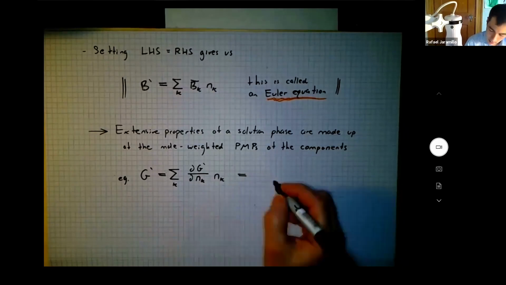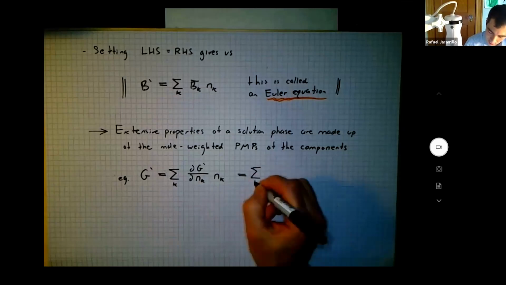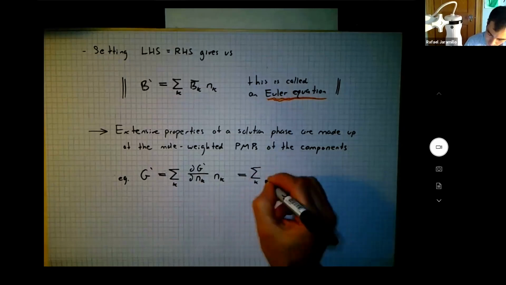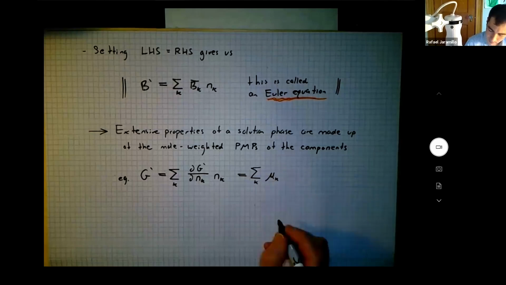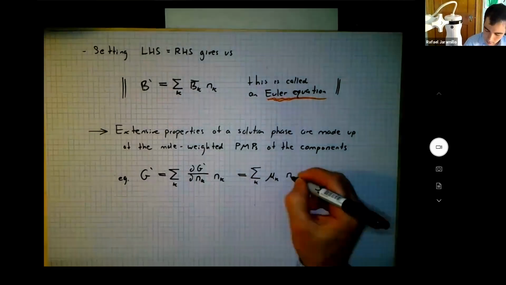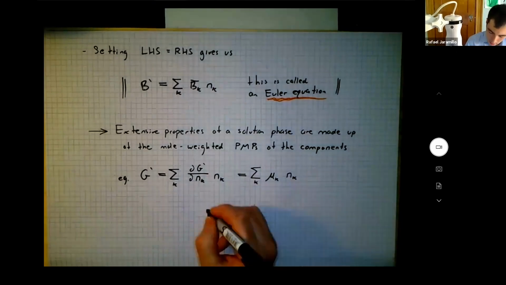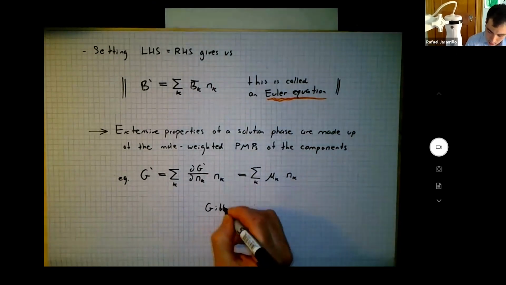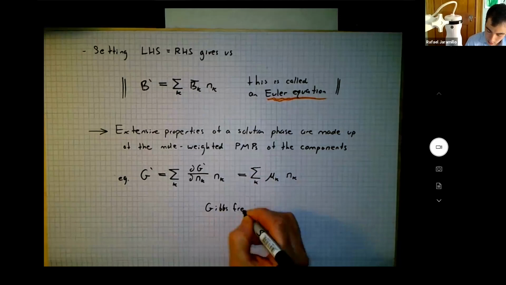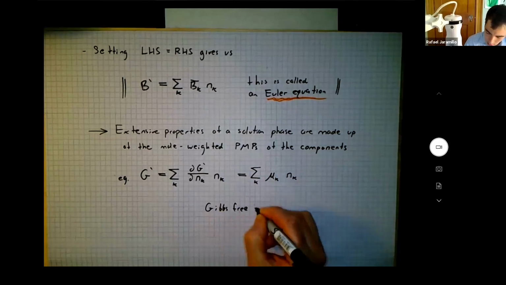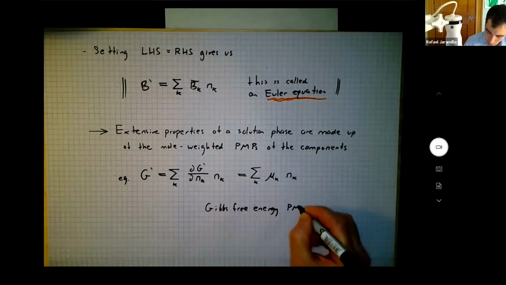And because Gibbs free energy is so special, we have a special expression for the molar Gibbs free energy and its chemical potential. So the Gibbs free energy PMP is the chemical potential.